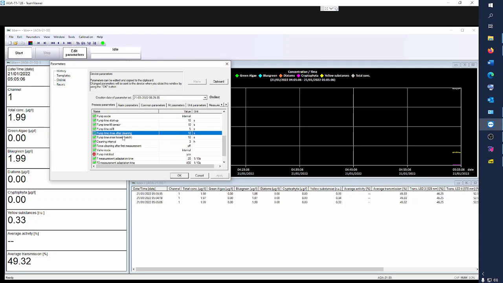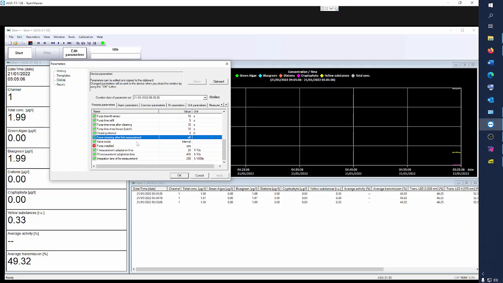Then you have the pump time rinse and the hose. It's only for batch measurement. And the cleaning interval, you can decide how long it should be. It's 3 hours, I think, or once a day, it depends on the fouling activity of the water.